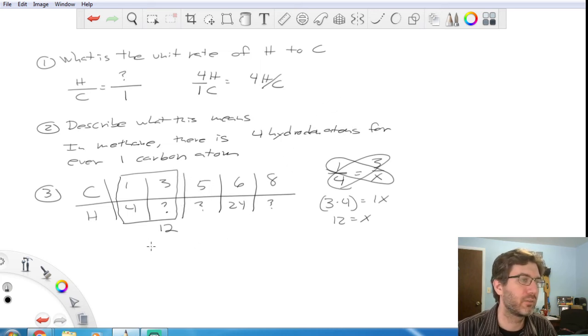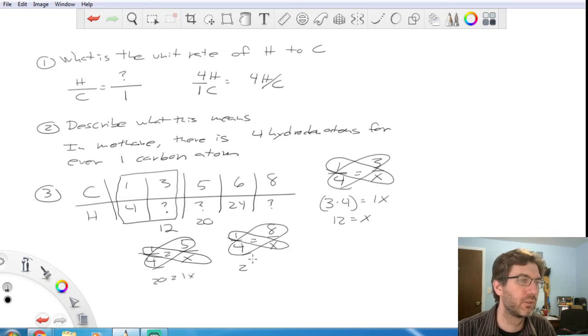You can have 1/4 equals 5 over x, and you get 20. Over here, you can do the same thing. 1/4 equals 8 over x. You get 32.